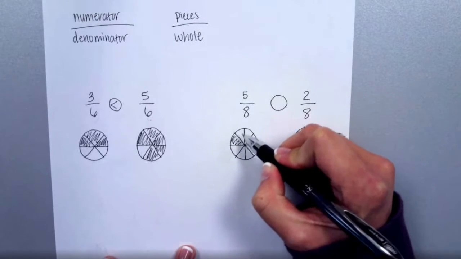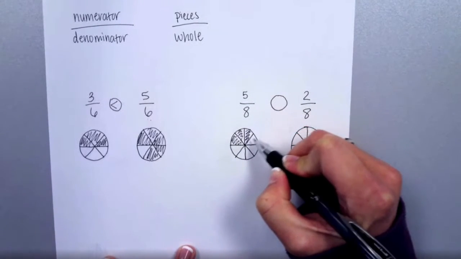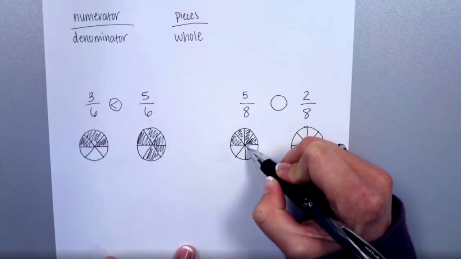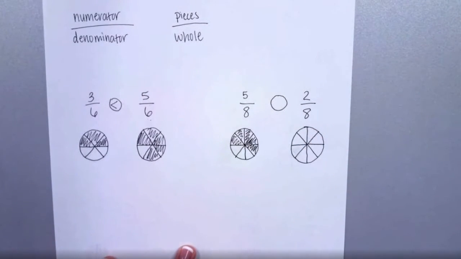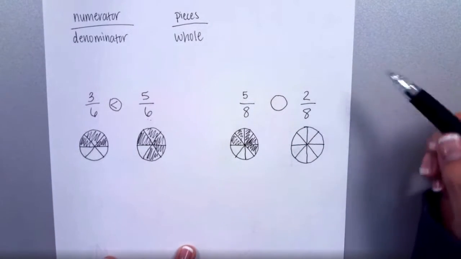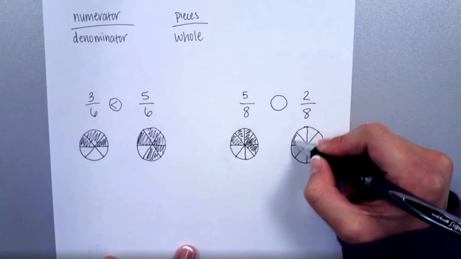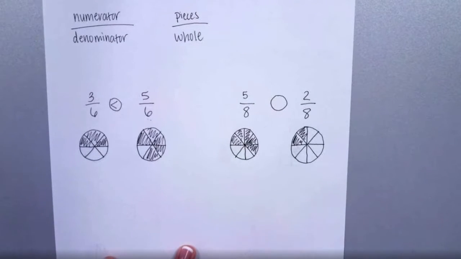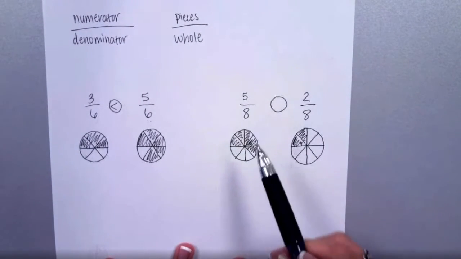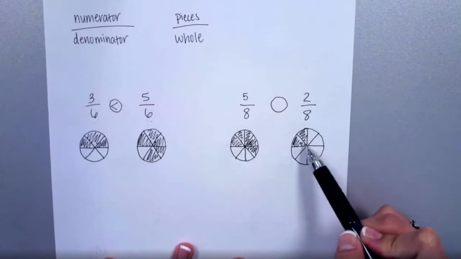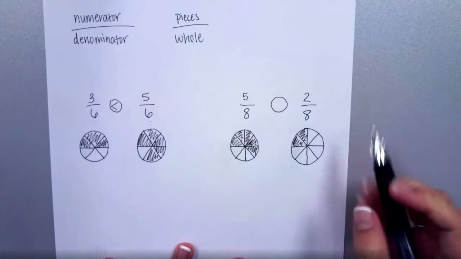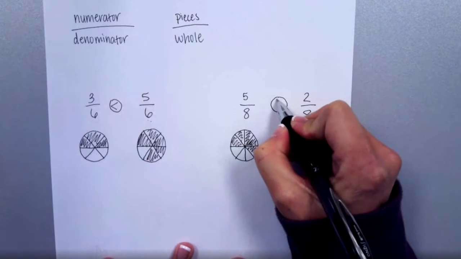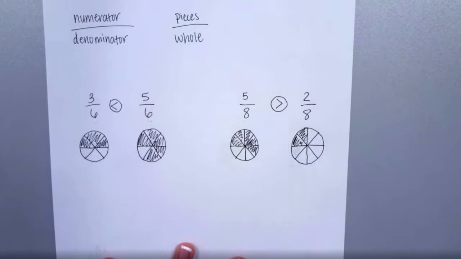So 1, 2, 3, 4, 5. And over here I know 2/8, so just 2 pieces. So 1, 2. Then looking at my visual representation, I have 5 shaded over here, but only 2 over here. So I could say 5/8 is greater than 2/8.